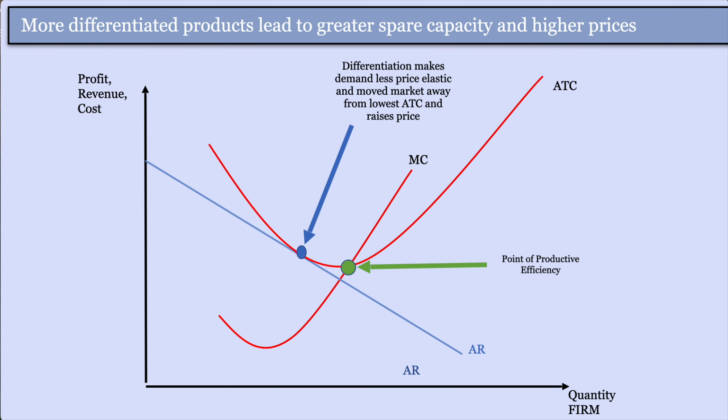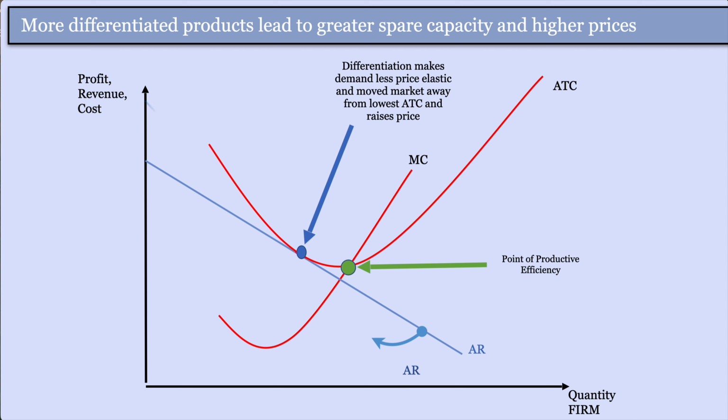And the argument here is that the more differentiated the products are, which is a good thing for consumers, that leads to greater spare capacity and higher prices. So if you have a slightly differentiated product, you have quite an elastic demand curve here.